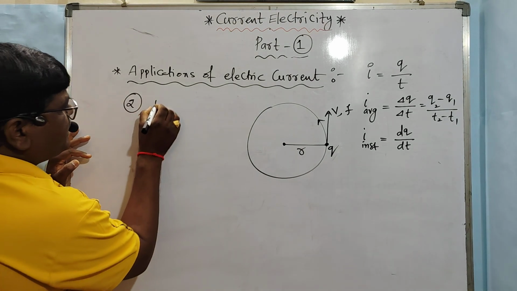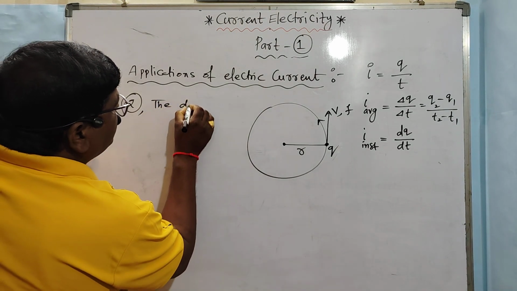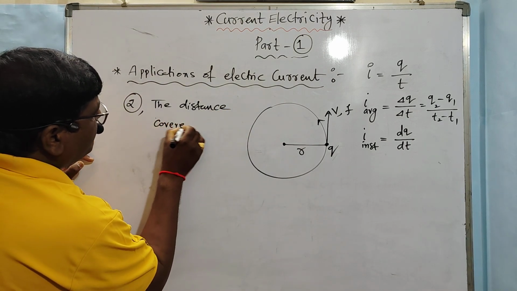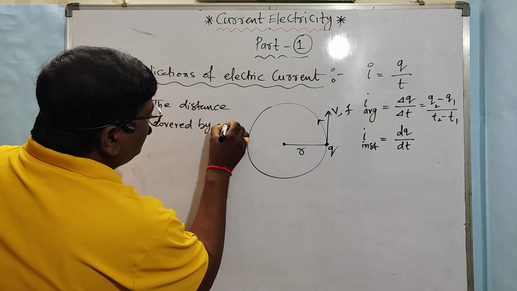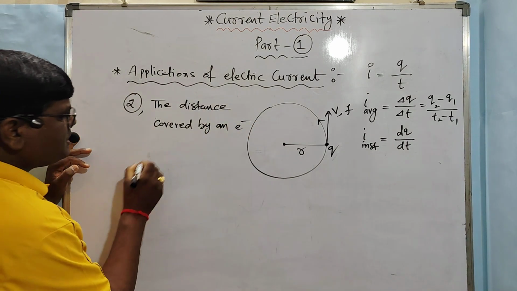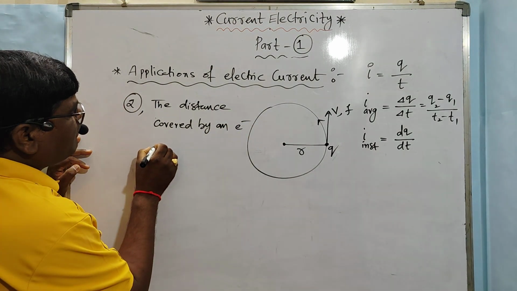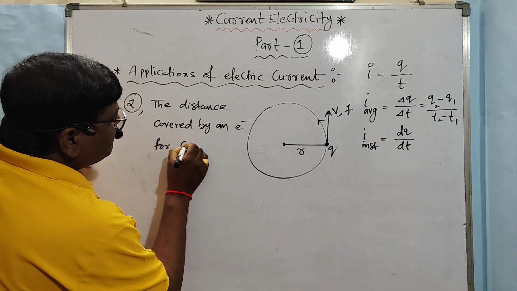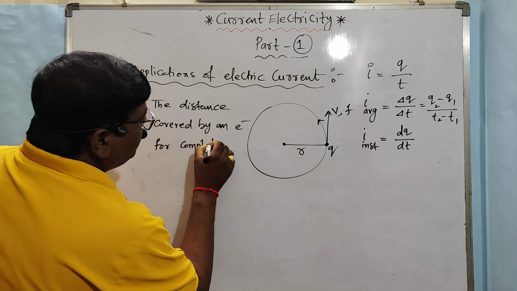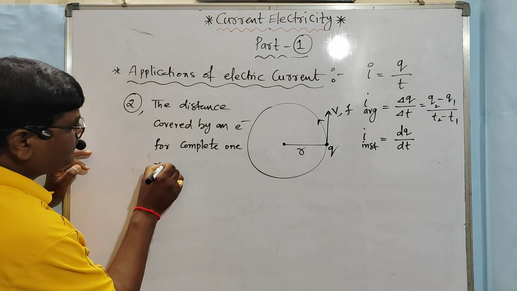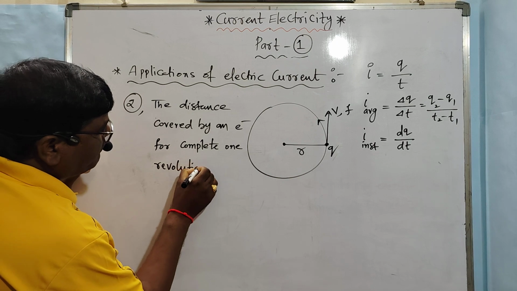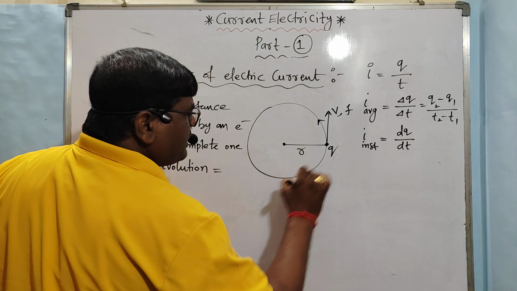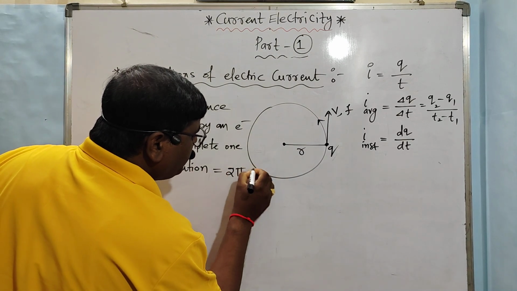That is the distance covered by an electron or charge for one complete revolution, equal to the circumference of this circle, that is 2 pi r.